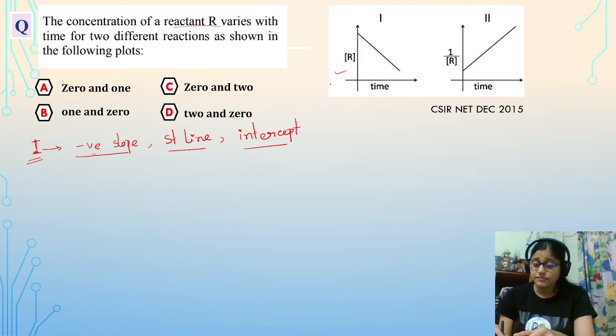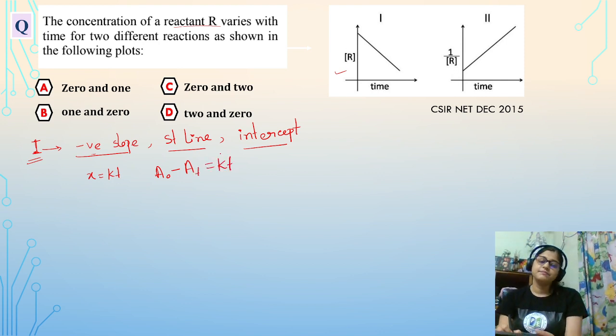Here R is given. So if we think about a zero order reaction, what was the integrated rate law? A0 minus AT equal to KT.